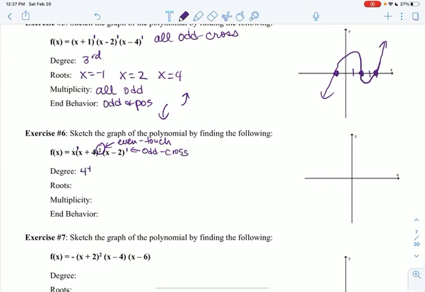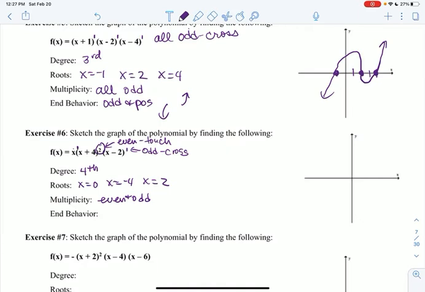My roots are x equals 0, x equals -4, and x equals 2. So I got even and odd, so some of them are going to cross and some of them are just going to touch. But remember, if this is to the fourth degree, if it's even, so my end behavior, now I'm talking about, so I got even and odd for end behavior and I got even and odd for multiplicity.